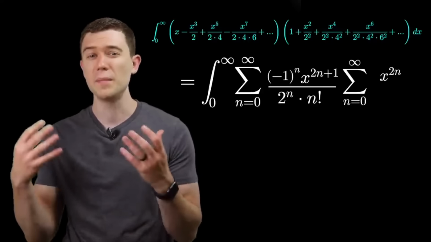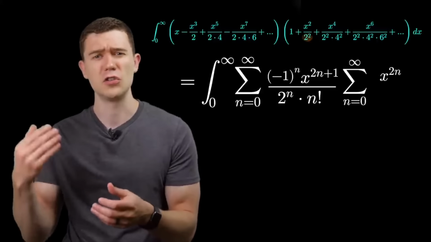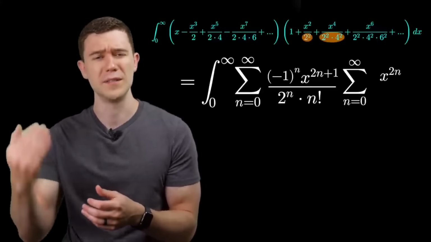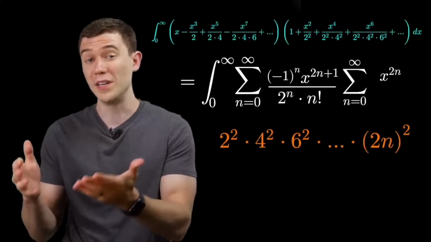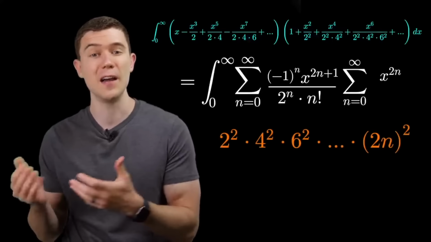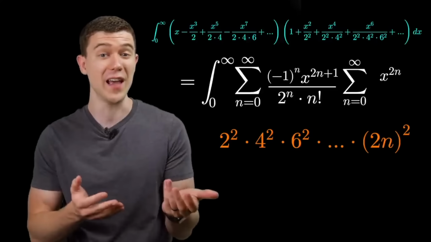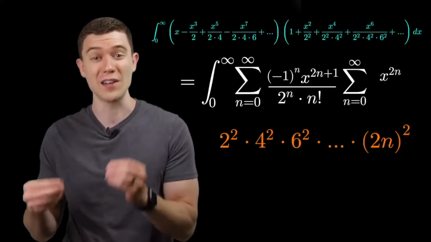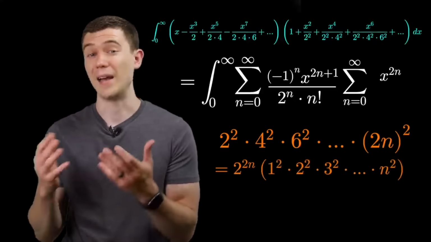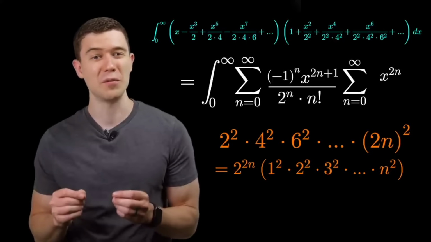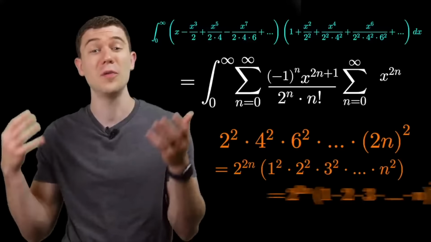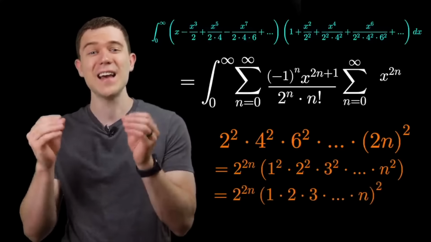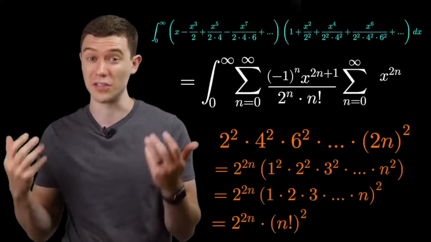If we write out the pattern in the denominator, it's 2 squared times 4 squared times 6 squared, all the way up to 2n squared. We can use the same idea as last time by factoring out a 2 to the n twice, or in other words, factoring out a 2 to the 2n. And then what are we left with inside the parentheses? 1 squared times 2 squared times 3 squared all the way up to n squared. That's actually n factorial all squared.